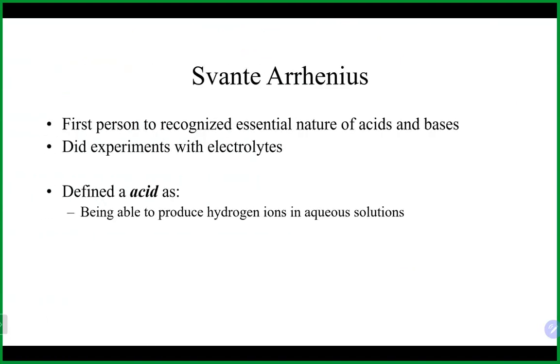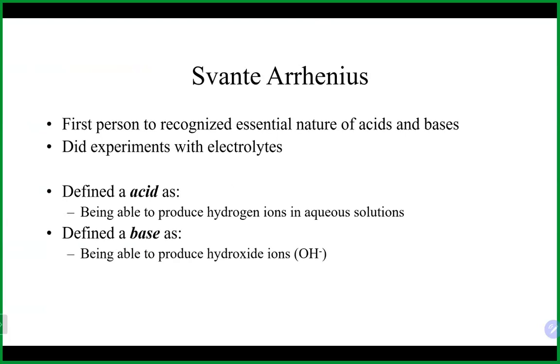Now, the first definition of acids and bases was done by a guy named Arrhenius. He did a lot of work with electrolytes, and as we talked about, electrolytes are things that, when they go for a swim, break apart into ions. They're able to conduct electricity. Basically he defined an acid as something that's able to produce the hydrogen ion in solution, and a base as something able to produce hydroxide.